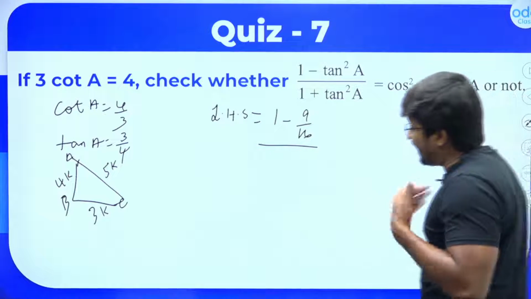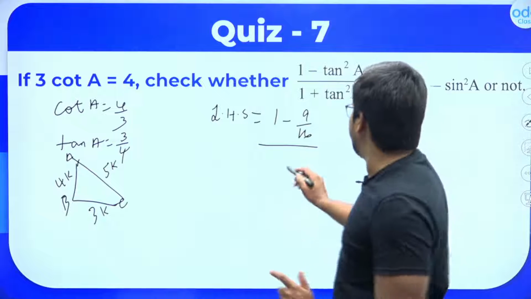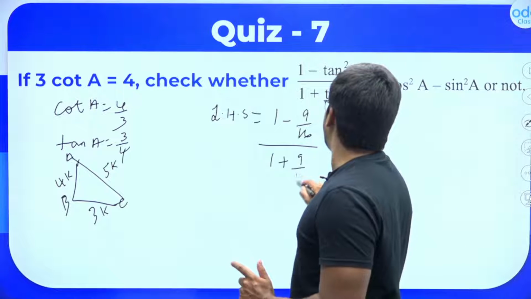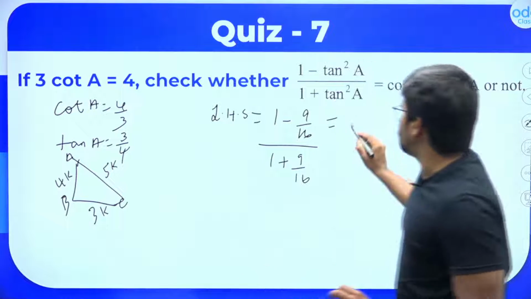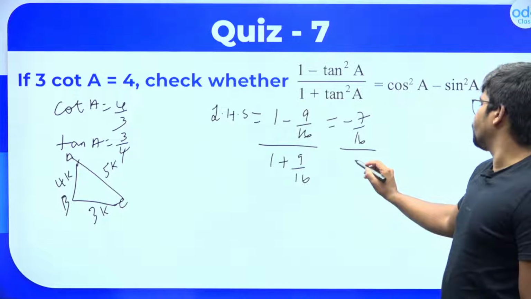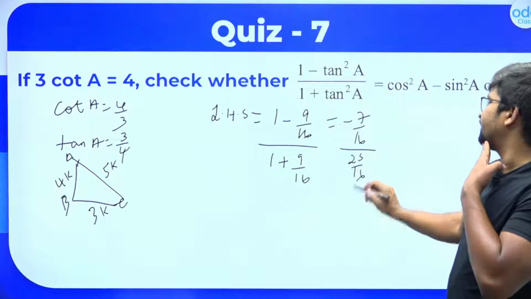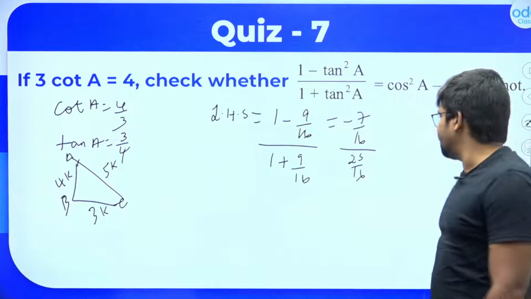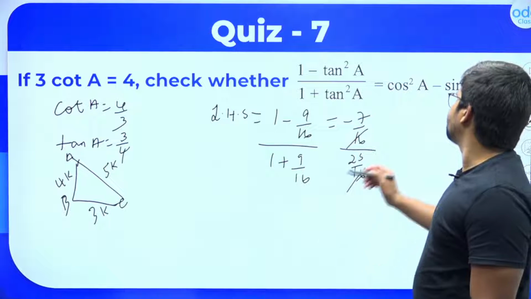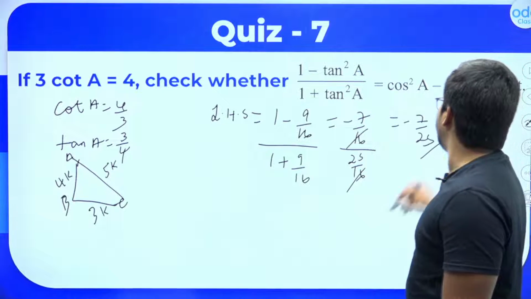Because tan A is 3 by 4 means tan square A is 9 by 16, the whole divided by 1 plus 9 by 16. So that should be equal to minus 7 by 16 divided by, how much is this? 25 by 16, right? This should be 25 by 16. So 16 and 16 gone. Correct? So this is minus 7 by 25. This is what you have in the LHS.